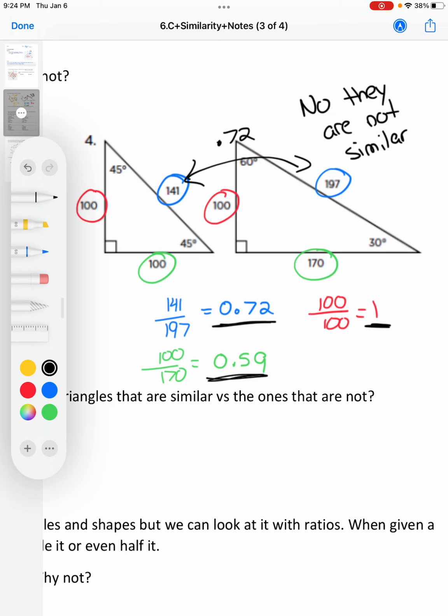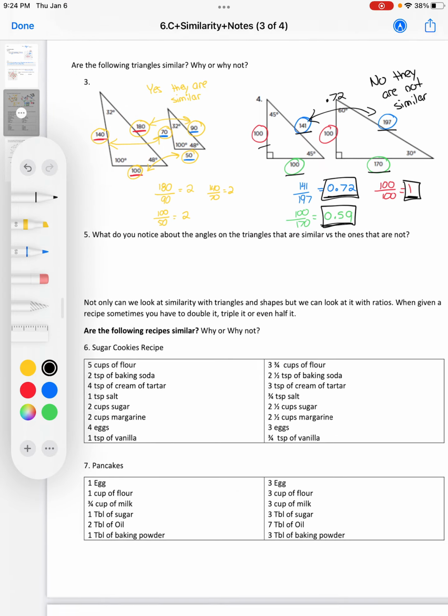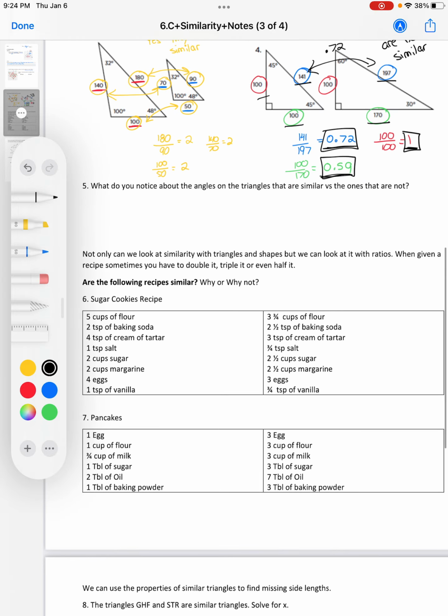That factor that we're dilating from has to be the same on every single side length. And it's not. They're all different factors. So it's not similar, okay? So that's how we can tell. If we just look at the difference between the two on every side length, we can see that the factors are not the same. Okay, let's go to question 5.